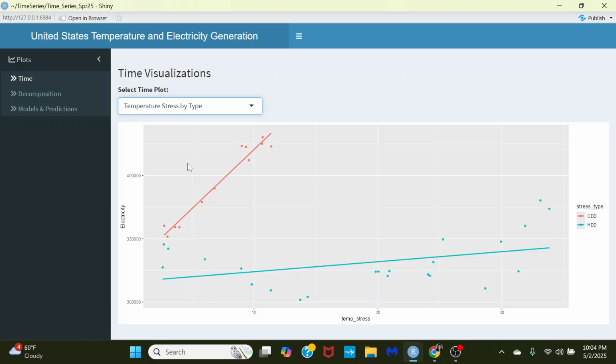So you can see as the stress increases for the temperature extremes, more electricity is needed in these two instances. However, it's much more distinct and rapid in the cooling degree days, probably because electricity is used exclusively for cooling, whereas heating uses other heat sources.